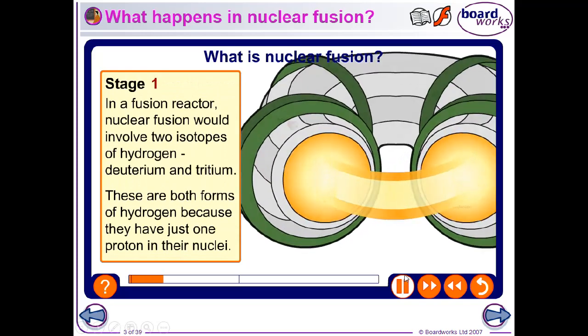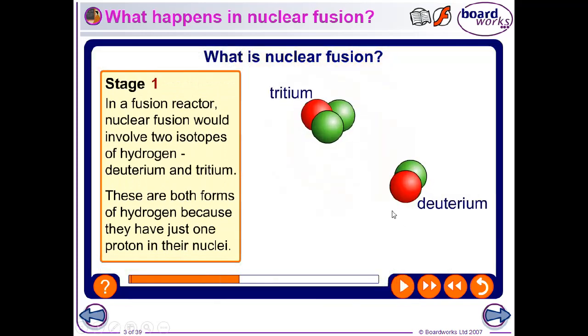So in the first stage, when we do this in the fusion reactor, we would be taking two isotopes of hydrogen: deuterium, which is 1 proton and 1 neutron, and tritium, which is 1 proton and 2 neutrons. Both of these are hydrogen because they only have 1 proton, and the atomic number for hydrogen is 1.